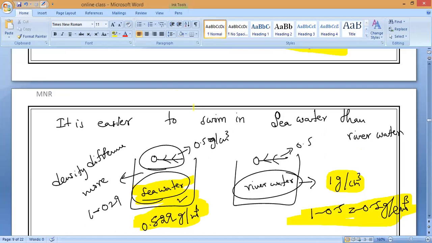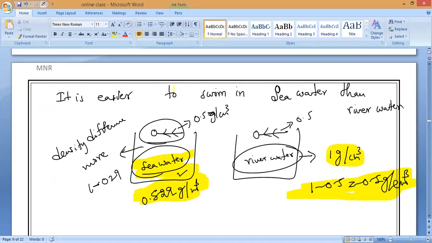Understanding? So when we are swimming in seawater, our body will experience greater buoyancy force because the immersed portion is less or more? Immersed portion is less compared to river water. Do you understand, everybody?